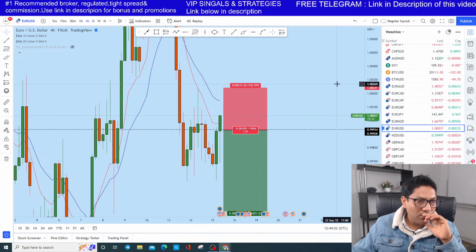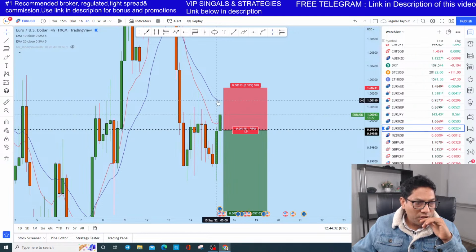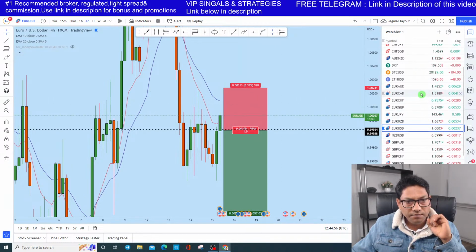We'll see some movement to the upside, but for me I think that euro dollar, like all other pairs, might test this 20 period moving average on the 4 hour, and then we could see some rejection. Okay, so this is the 20 period moving average at 1.014, because this zone is really high liquidity on euro dollar.